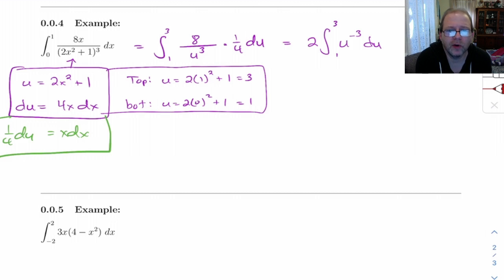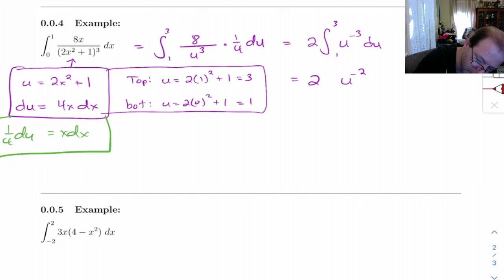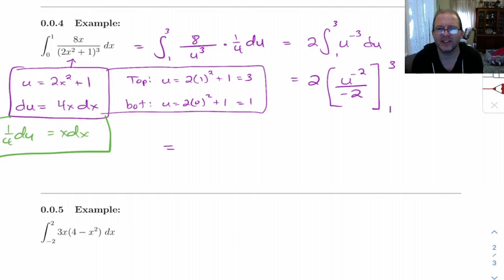All right, so let's integrate this thing. When you integrate u to the minus 3, you get u to the minus 2 divided by negative 2. And we're going from 1 to 3. So before we plug these numbers in, because right now it's kind of ugly, let's do what we can.